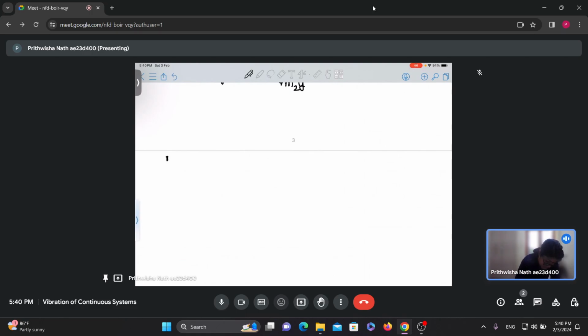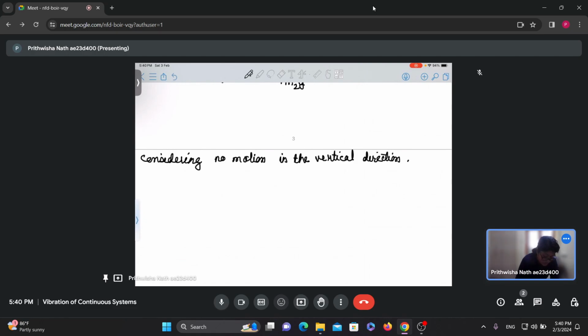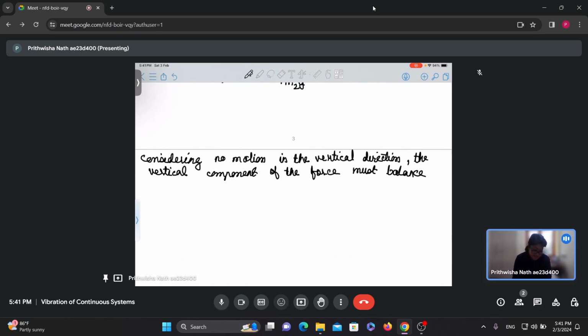So considering no motion in the vertical direction, the vertical components of the force must balance, and we can write T2 cos theta 2 equals M2G.